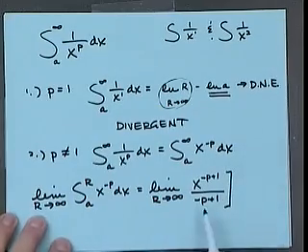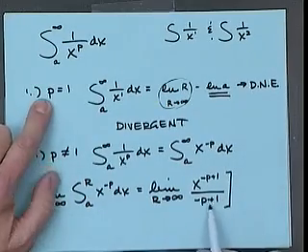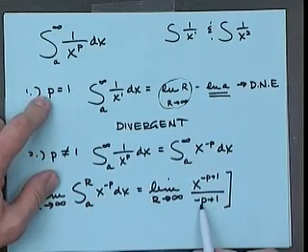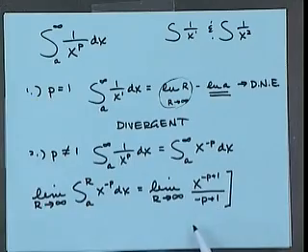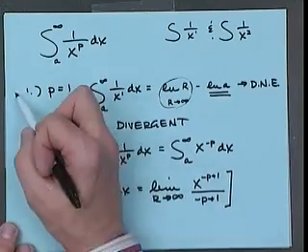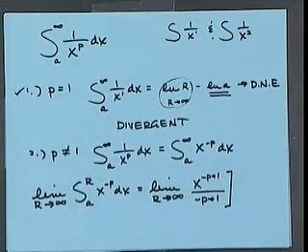And we've already ruled out there's no way we're going to divide by 0 here. If p were equal to 1, it'd be negative 1 plus 1, which we'd be dividing by 0. We've already handled that case up here, so we don't have to worry about that.